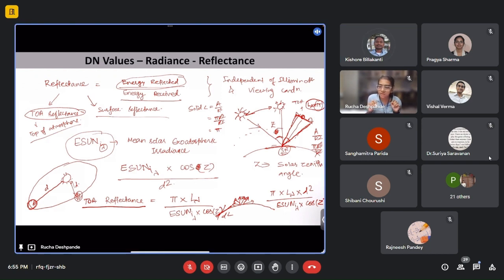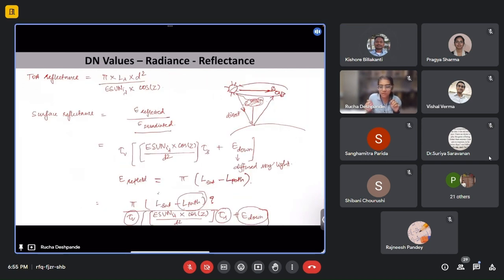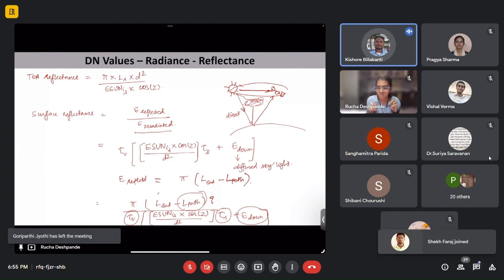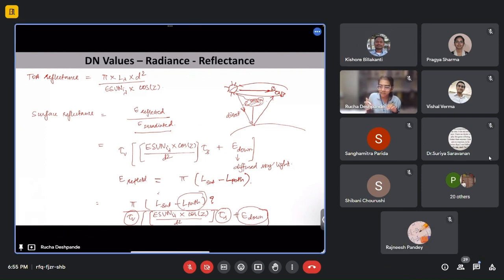This type of correction only takes into account the path irradiance and not the transmittivity and other factors. But is path irradiance also a term used when the energy is coming from sun to surface, or only directly from sun to satellite sensor? It is from sun to satellite. When it's coming from sun to surface, then it's exoatmospheric irradiance. Okay.